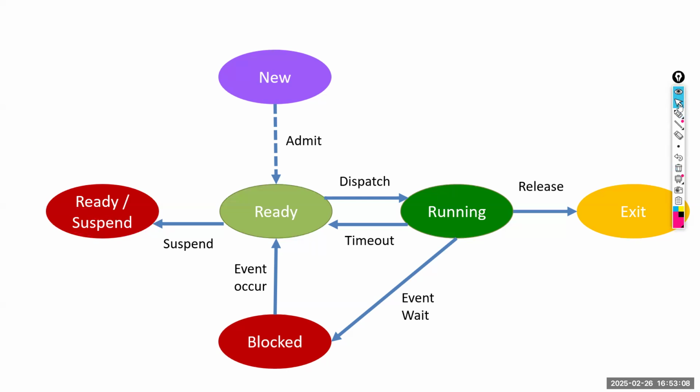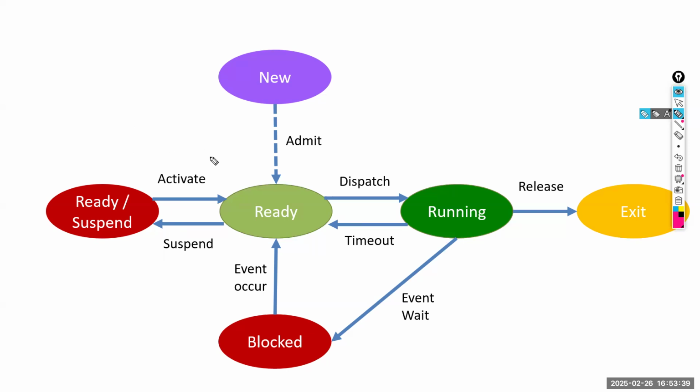Then when the memory is again given the physical memory, that comes back to the ready state. That means again your program is in memory, RAM. You are back, ready to run.